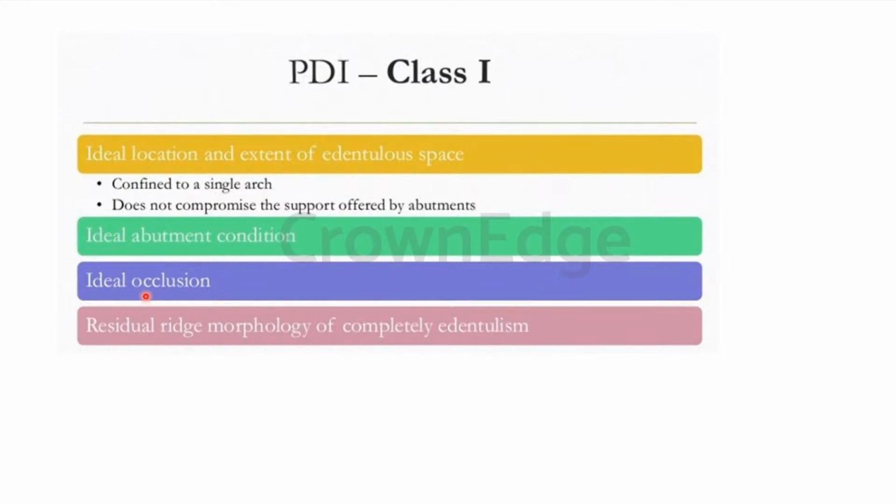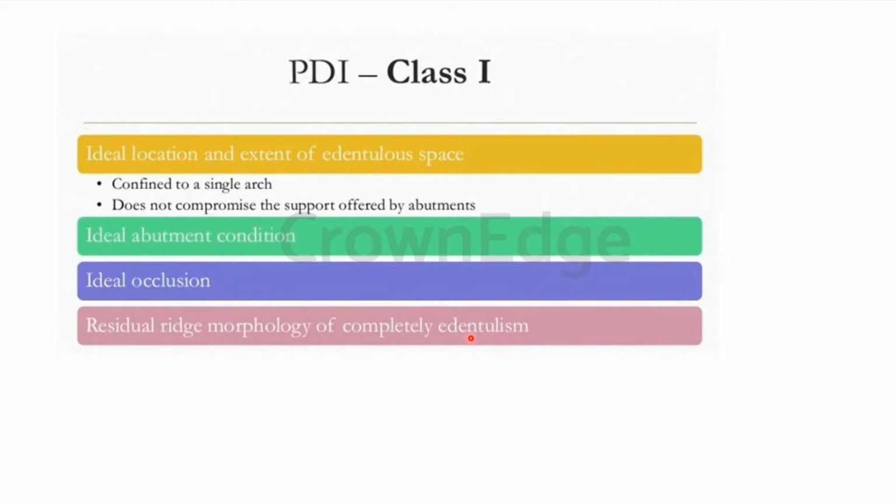Ideal occlusion, so no deep bite, a proper Angle's class 1 molar occlusion is present, so no problem with the bite as well. And the residual ridge morphology of complete edentulism. By this, it means that it has adequate width and adequate height in the residual ridge. So there are no problems whatsoever.